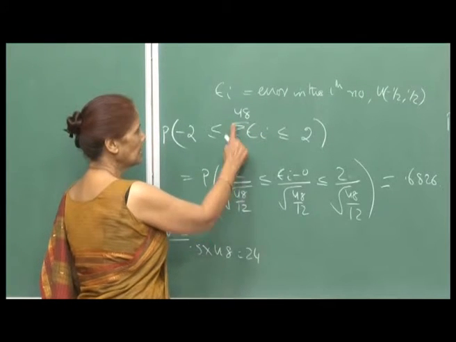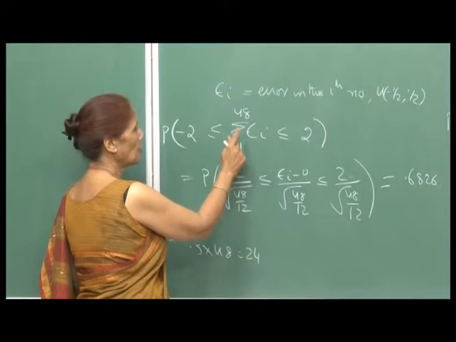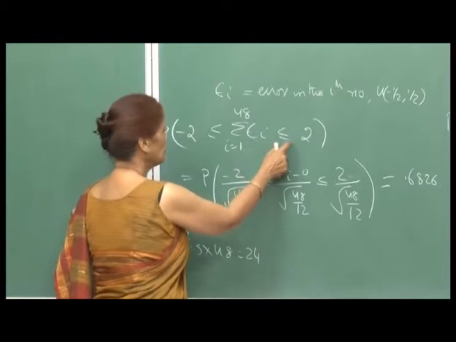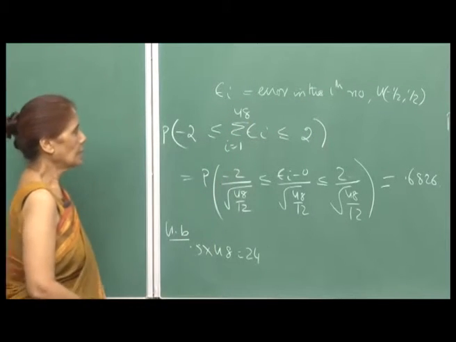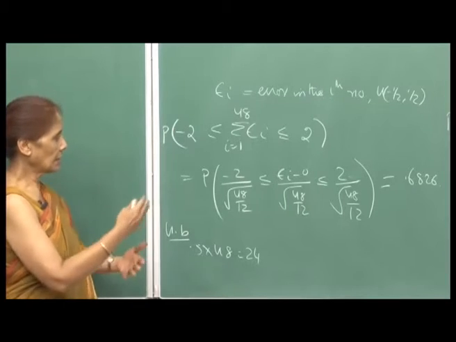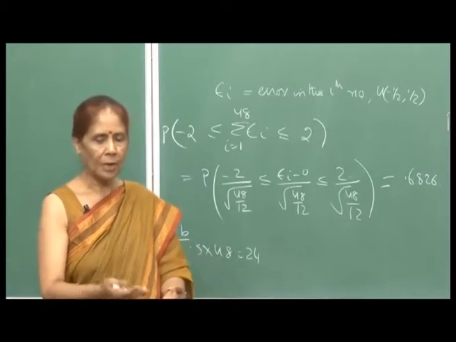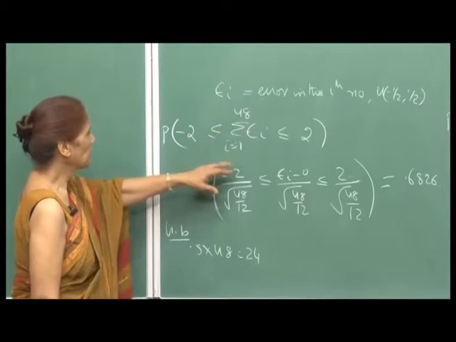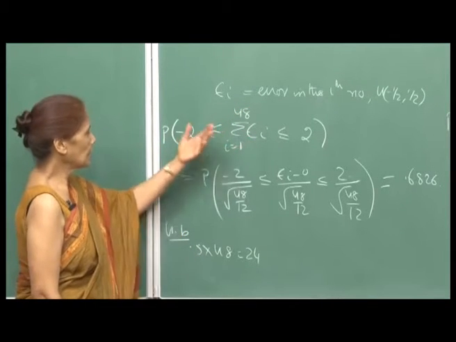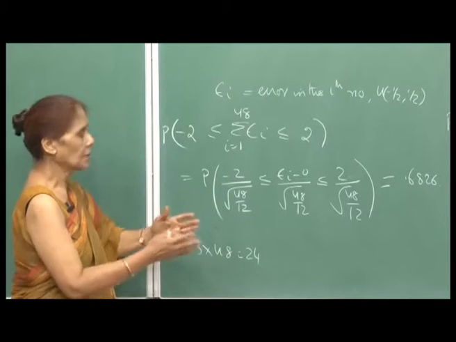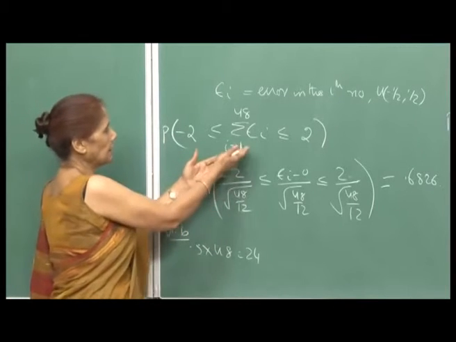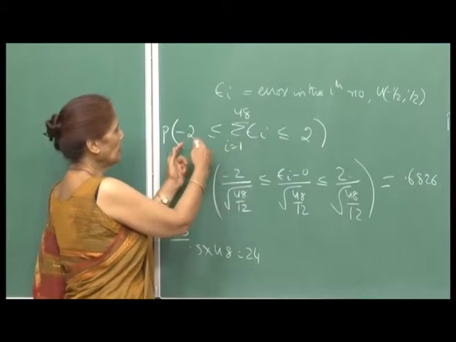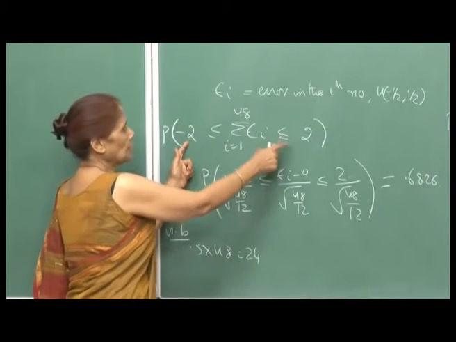That means the sum of epsilon i, i varying from 1 to 48, should be within -2 and 2. The error can occur either when you round down or you round up. So, we are asking what is the probability that this total error is within 2 of the original sum of numbers. I have added up the errors, and so this sum should be greater than or equal to -2 and less than or equal to 2.